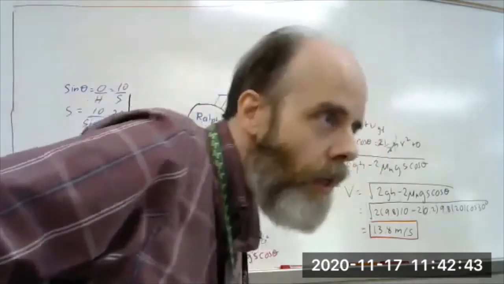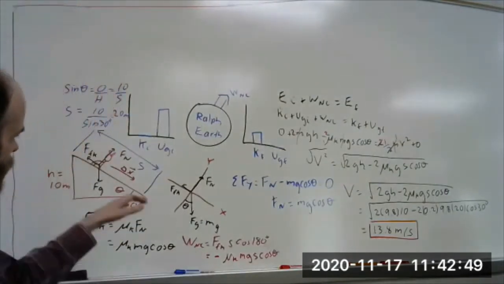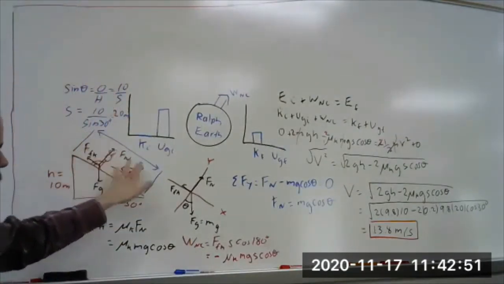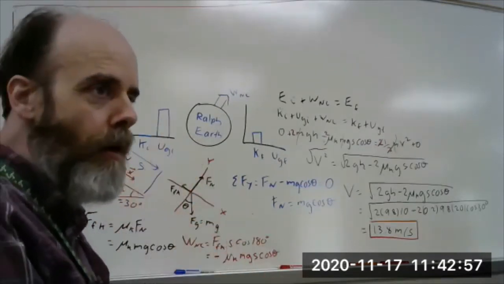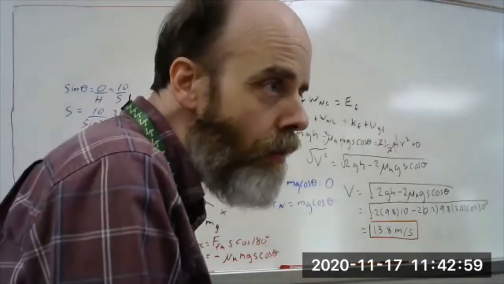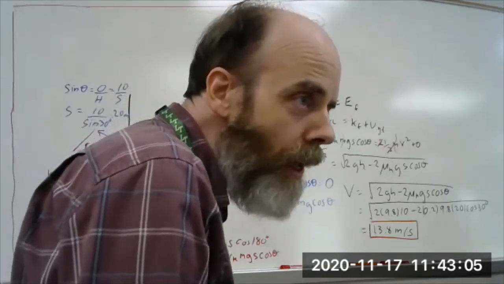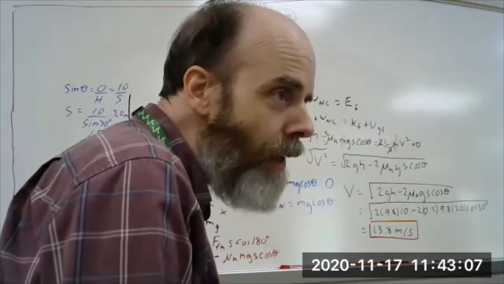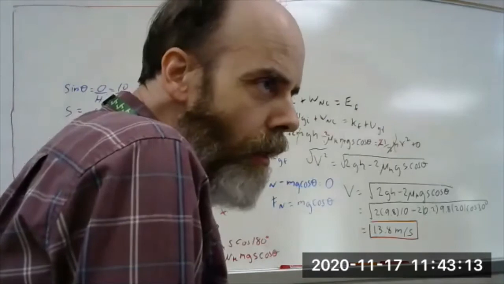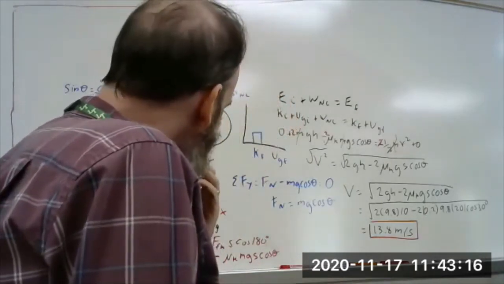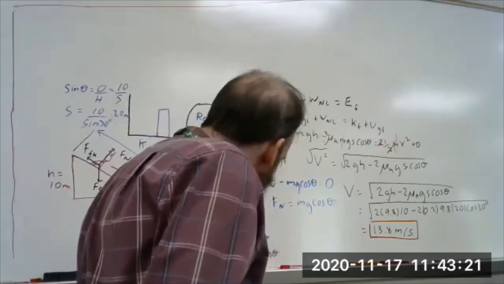There's a question: can you explain what S is? So S is just the distance he traveled down the ramp. That's his displacement along the ramp. Another question: shouldn't there be another cos theta after mg for force of kinetic friction? Oh, you mean here?